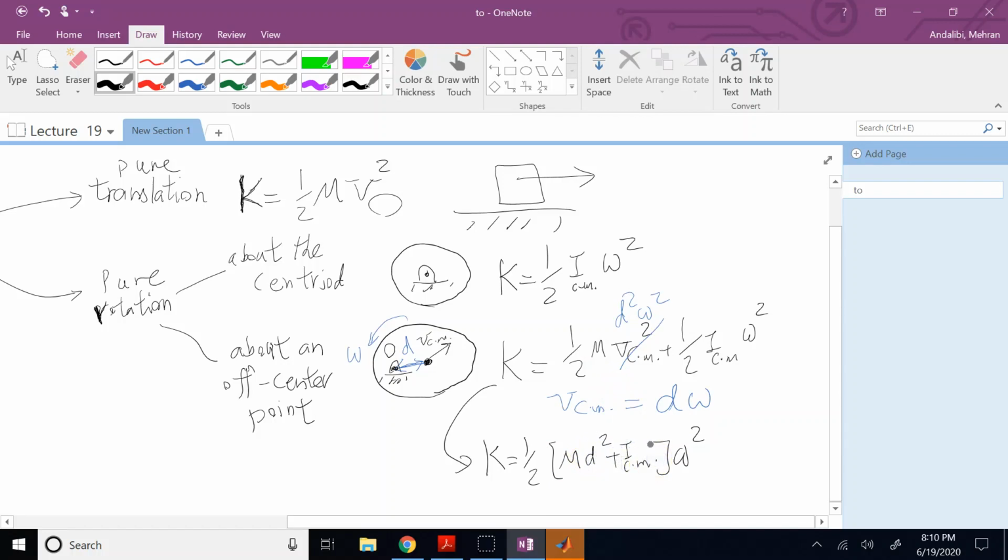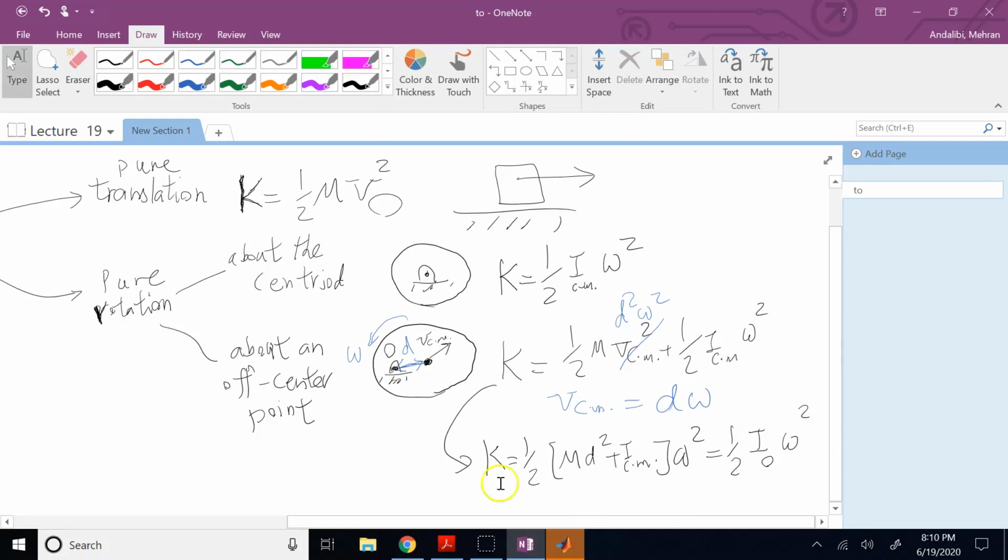And what is this guy here? I about the centroid plus mass times distance squared. According to the parallel axis theorem, this guy is, you're right, I about the fixed point times omega squared.